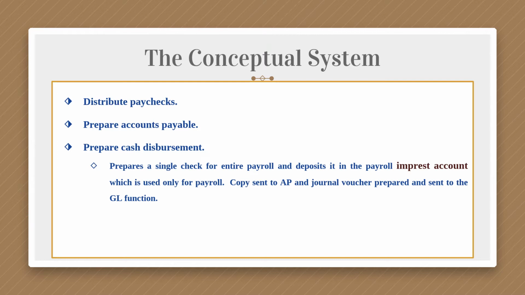And in preparing the cash disbursement, we should prepare a single check for the entire payroll and deposit it into a payroll imprest account, which is used only for payroll. These two actions are considered internal control activities. So we prepare a single check for the entire payroll, not sending to the bank a check for each employee.